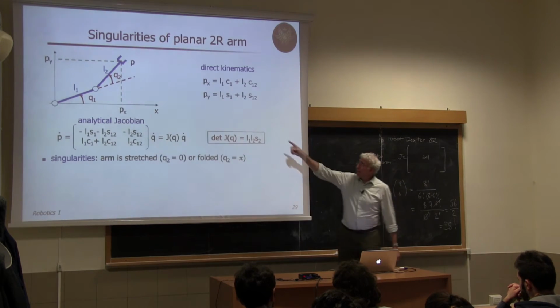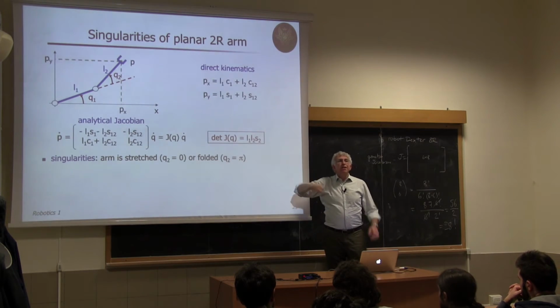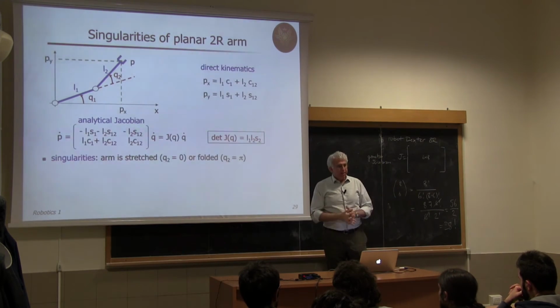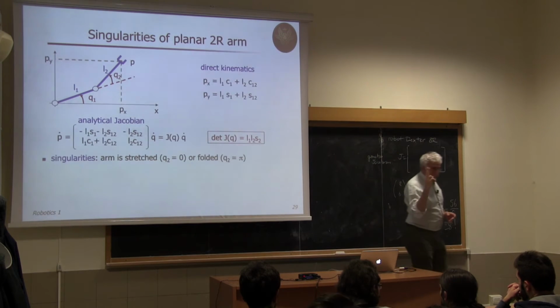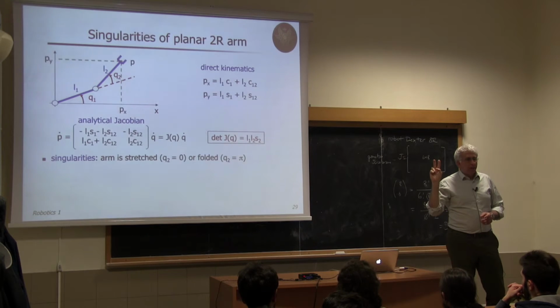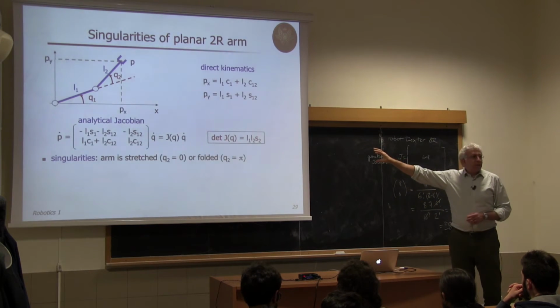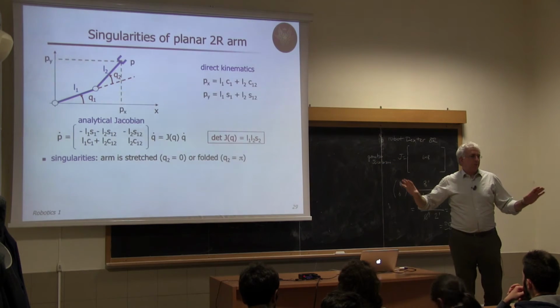How many inverse kinematic solutions has this 2R planar robot in the generic case? Two solutions. So my claim is, these are singularities of the Jacobian, no doubt.